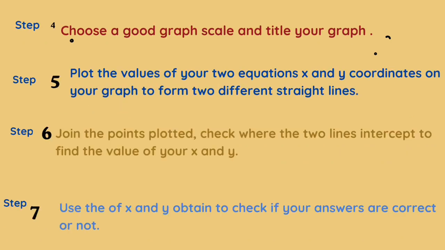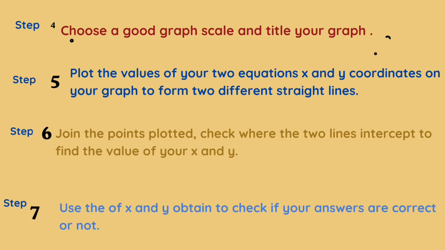Step 4: choose a good graph scale and title your graph. Step 5: plot the x and y coordinates of your two equations on your graph to form two different straight lines. Step 6: join the points plotted. Check where the two lines intersect to find the values of x and y.